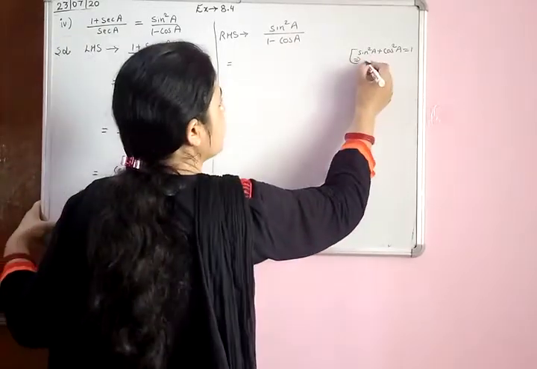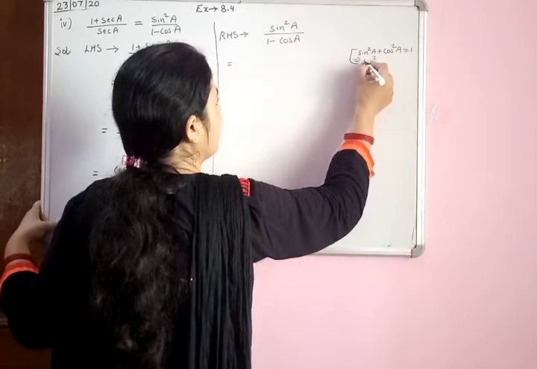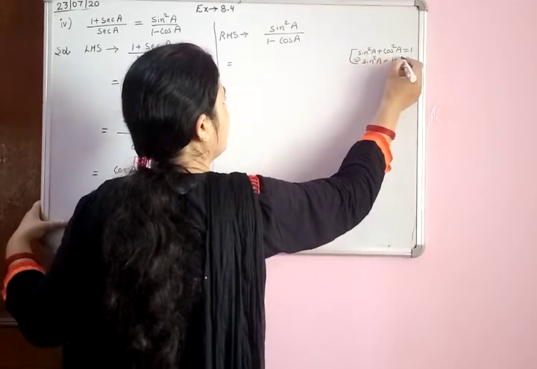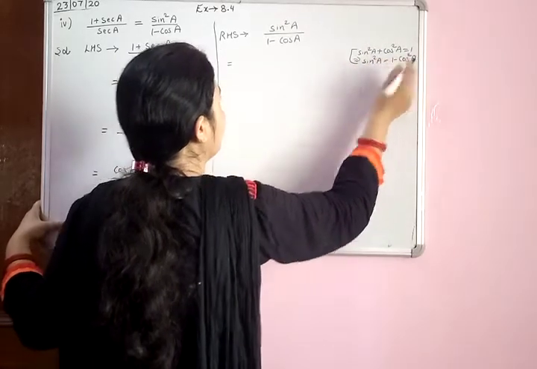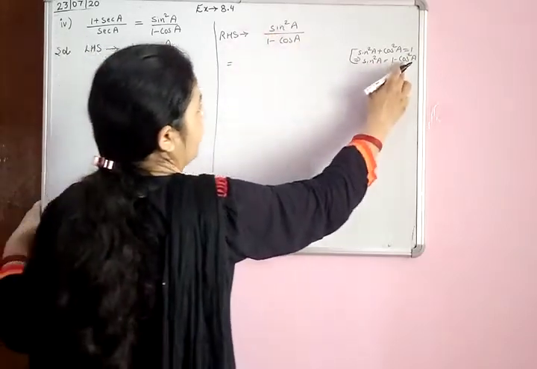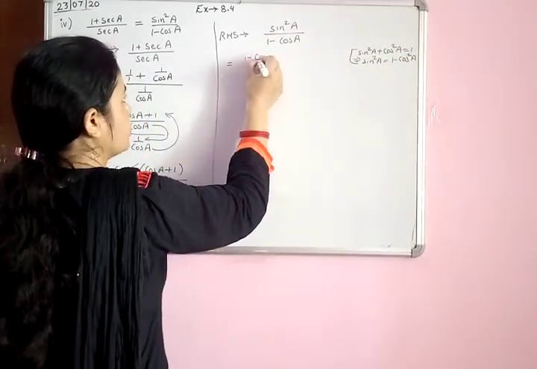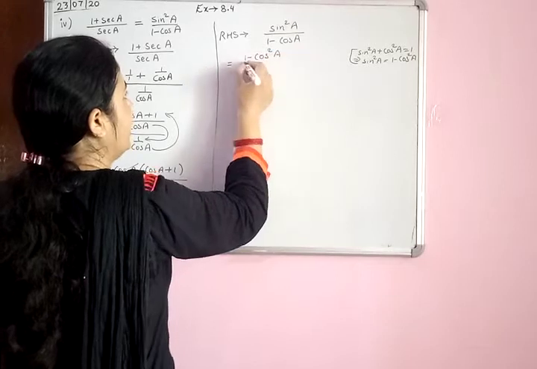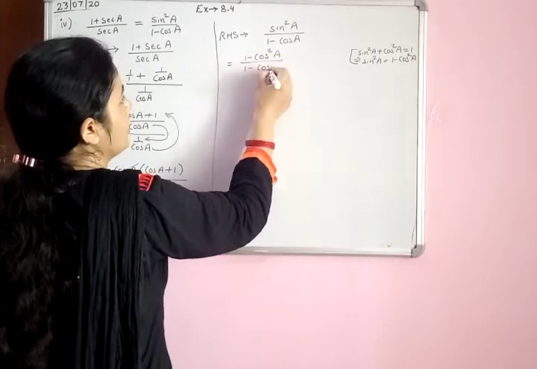So we have sin square A is equal to 1 minus cos square A. In place of sin square A, I am putting 1 minus cos square A. So we have (1 minus cos square A) upon (1 minus cos A).